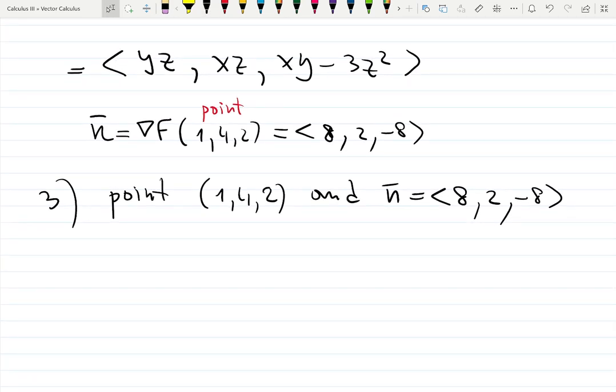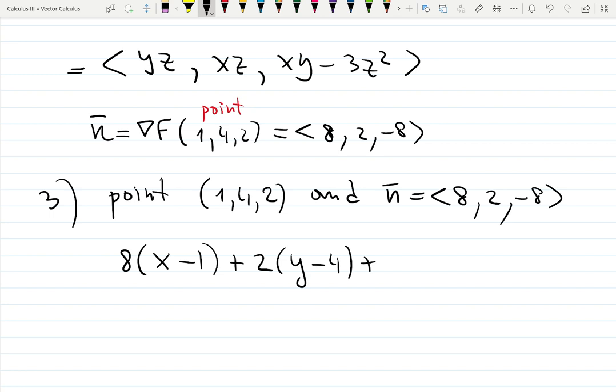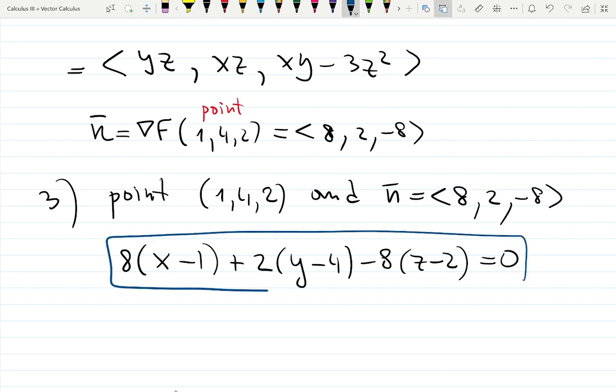And the equation, we already did it like a third time today. 8 goes in front of the variable x minus shift, x minus 1, plus 2 in front of the variable y minus shift 4, plus minus 8 times z minus 2, equals 0. That's the equation of a tangent plane. We found the normal from the gradient and the point was given.